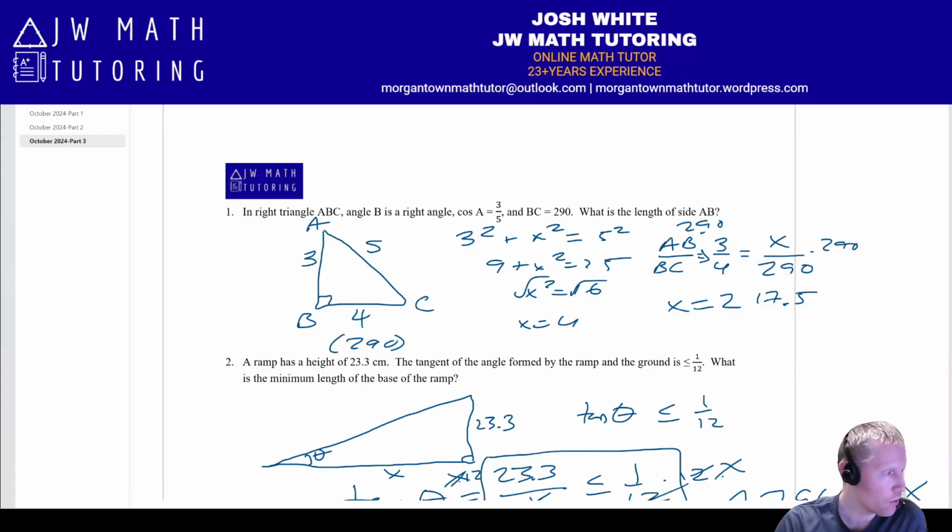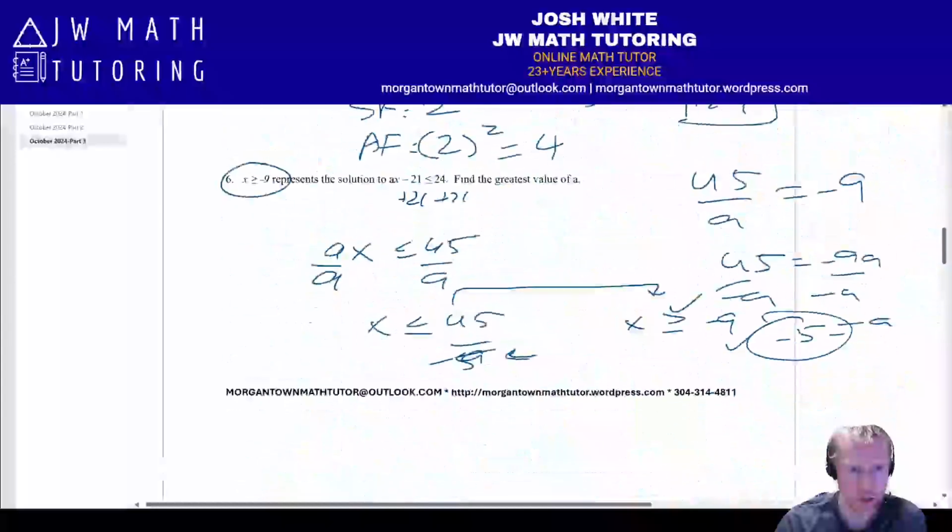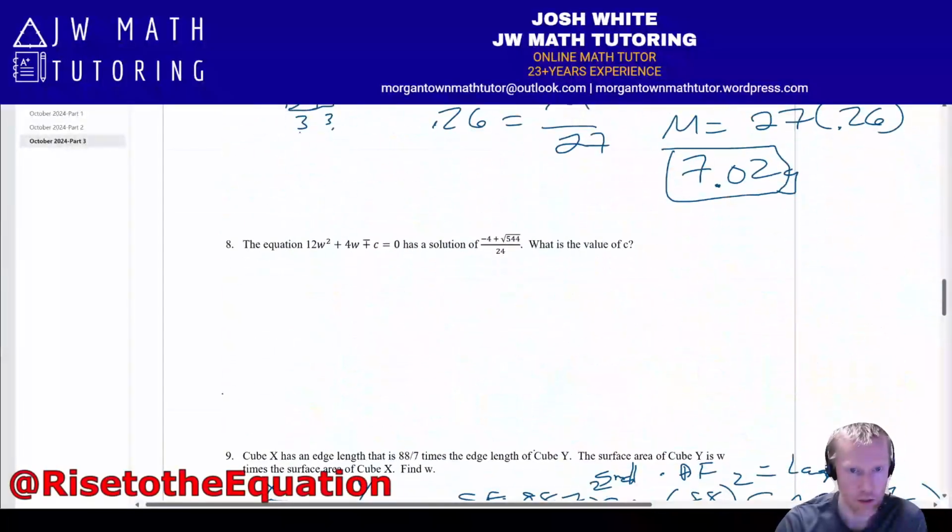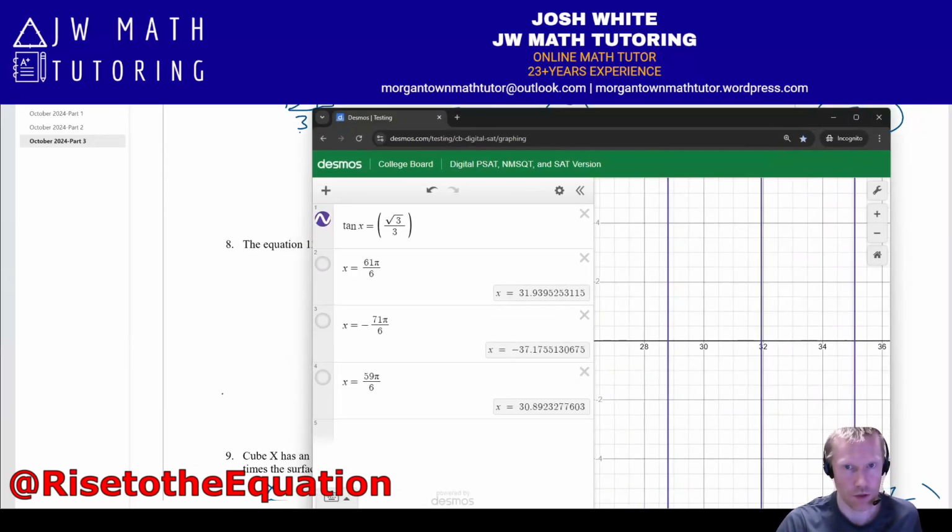Next up is question number 8. So we'll scroll down here. Okay, so for this question, what you can do is use entirely Desmos.